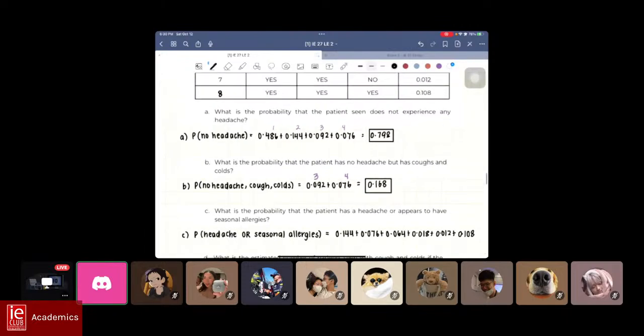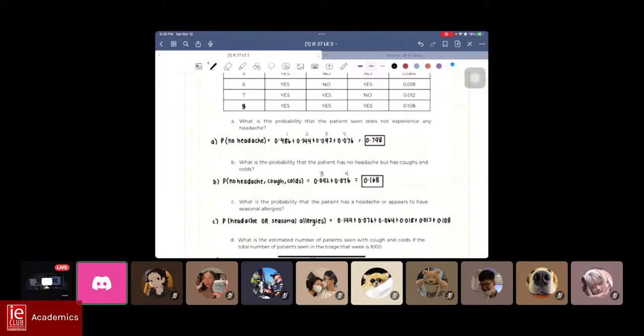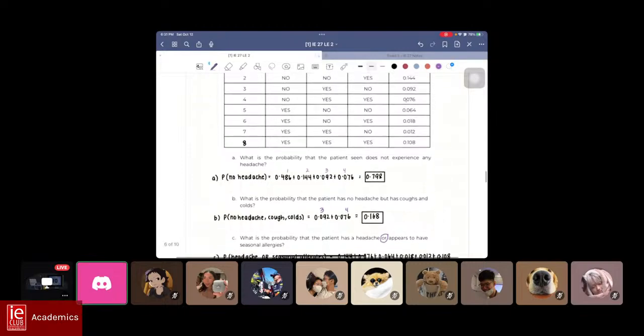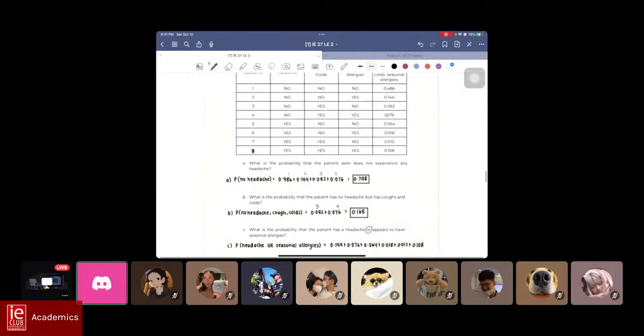And then for the third problem, it says, what's the probability that the patient has a headache or appears to have seasonal allergies? So since it says or, we get the union of the two. So based on the table again, we can see that this corresponds to outcome 2, 4, 5, 6, 7, and 8.